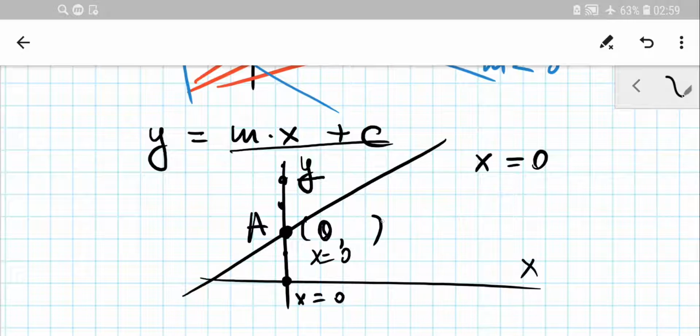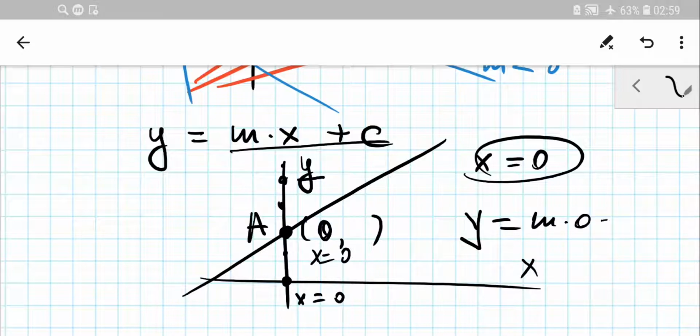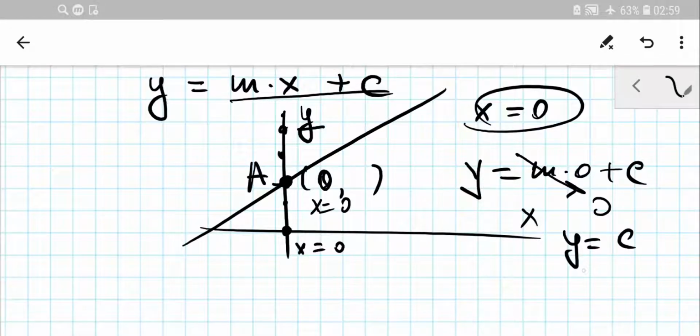Of course, yes. We can plug x equals 0 into our equation, y equals mx plus c, so m times 0 plus c. And we find that y equals c. But in our case, y becomes the y-intercept, right? So that's the same as the y-intercept, and it will always be c, right?